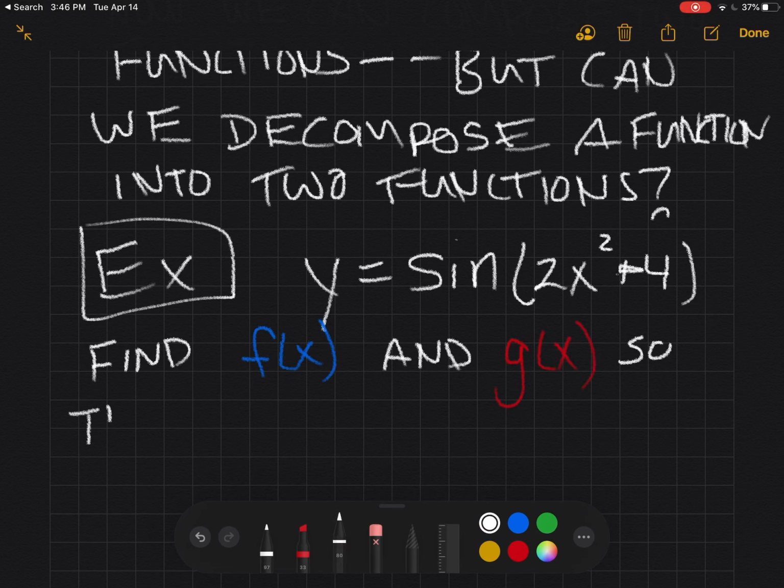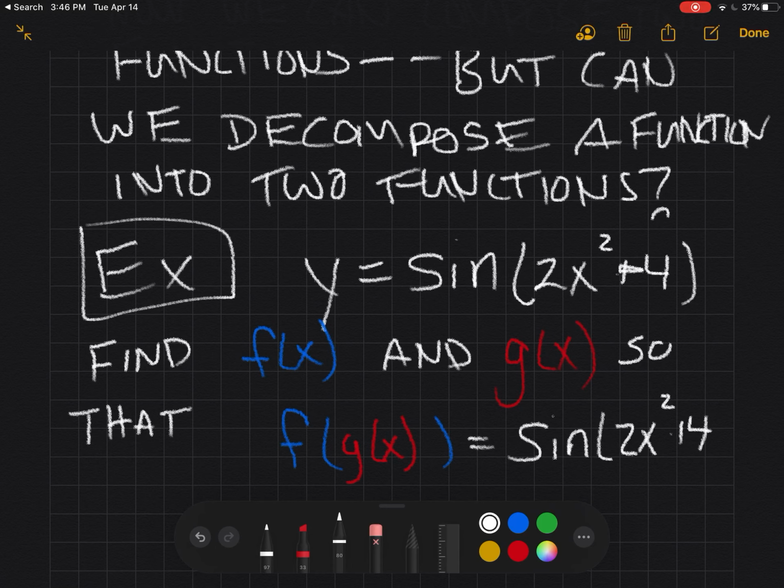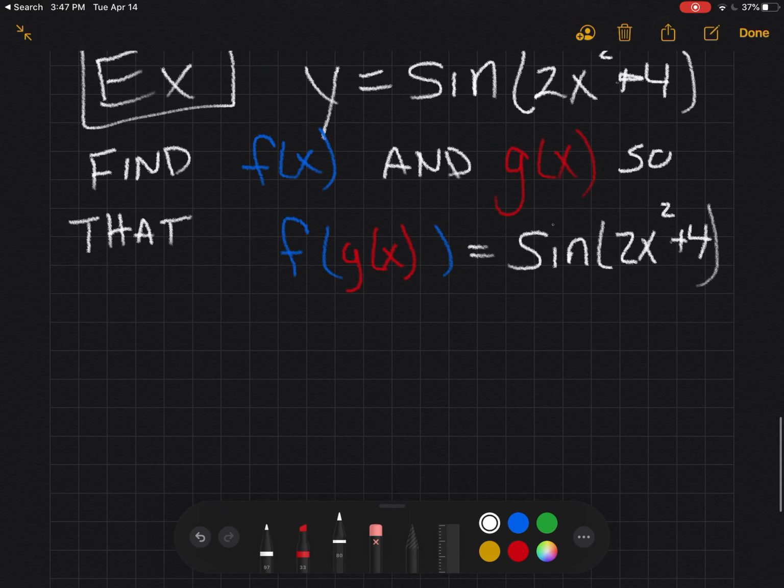I want to find f of x and g of x so that if I take f of g of x, I get sine of 2x squared plus 4. And there's actually more than one answer for this.